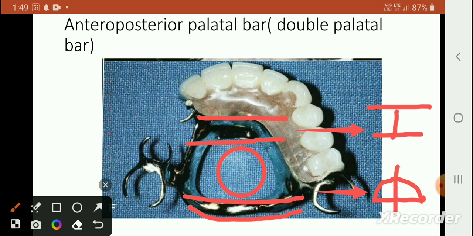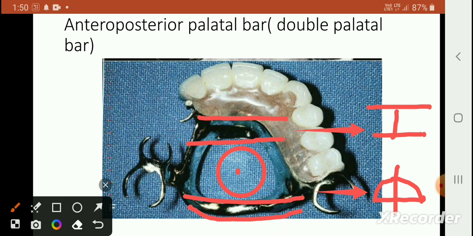The anterior bar is like a palatal strap but narrower, and the posterior bar is a half oval, its width equal to the single palatal bar, but less bulky. This arrangement is indicated only where there is presence of inoperable tori, and it is not indicated in a high palatal vault.